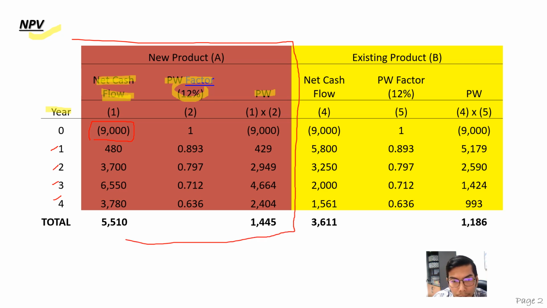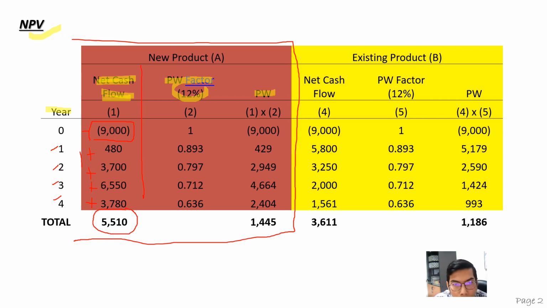First, you have to total this net cash flow column, adding everything: negative 9,000 plus 480 plus 3,700 plus 6,550 plus 3,780. So you get 5,510.